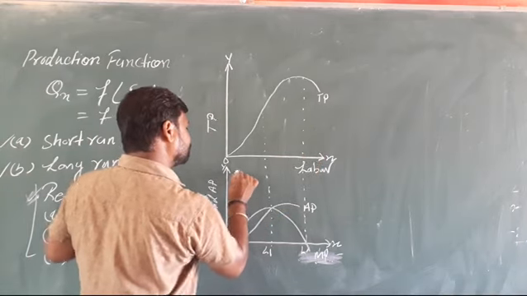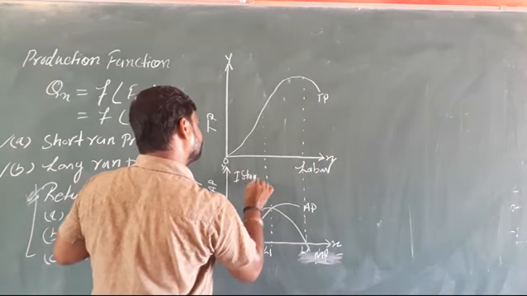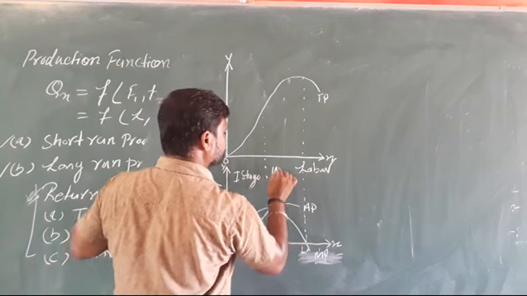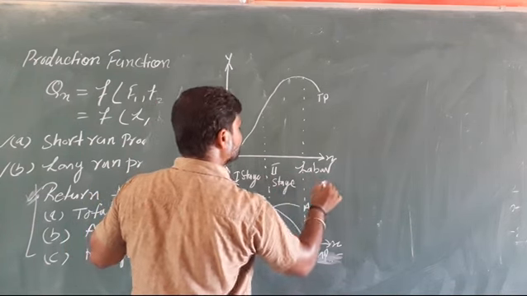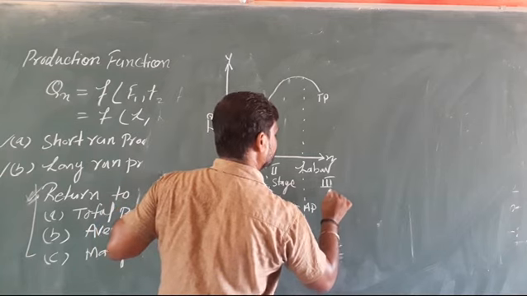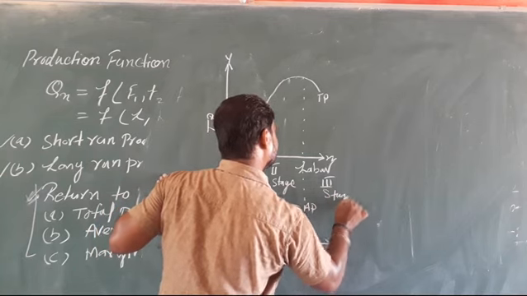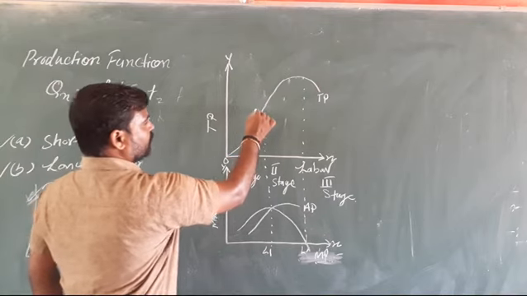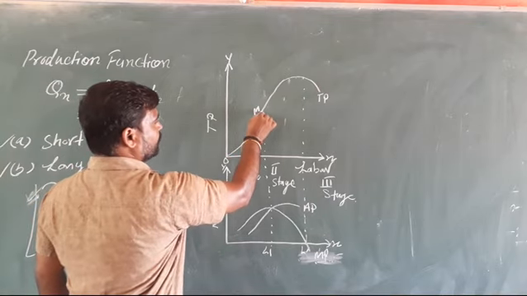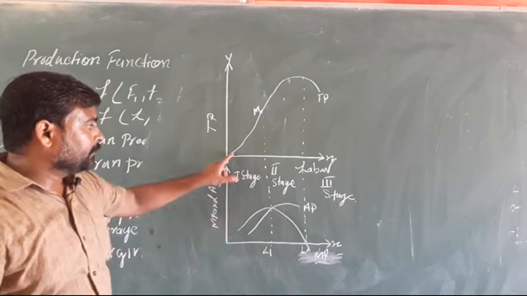This is the first stage, stage 1. This is the second stage, stage 2, and this is the third stage, stage 3. In the first stage, we can see here, we are putting a point M here, till the total product is increasing at an increasing rate.